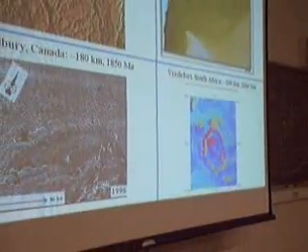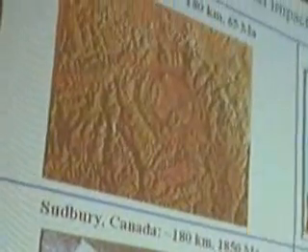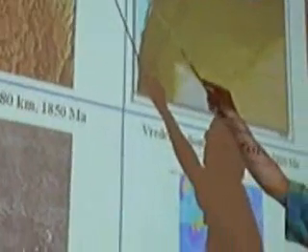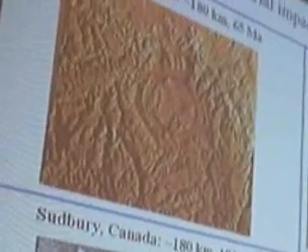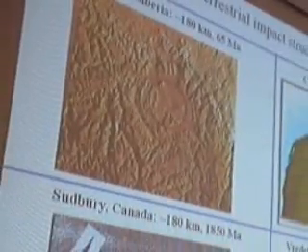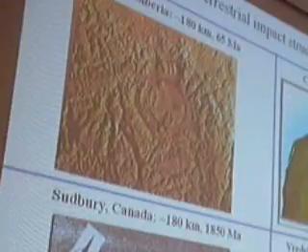Larger ones, these are the more important ones. Popigai in Siberia, about 100 kilometers. Also the age is in error, 35 million years. In northern Siberia, a very interesting impact structure, where the impact diamonds were originally discovered by Victor Masaitis.